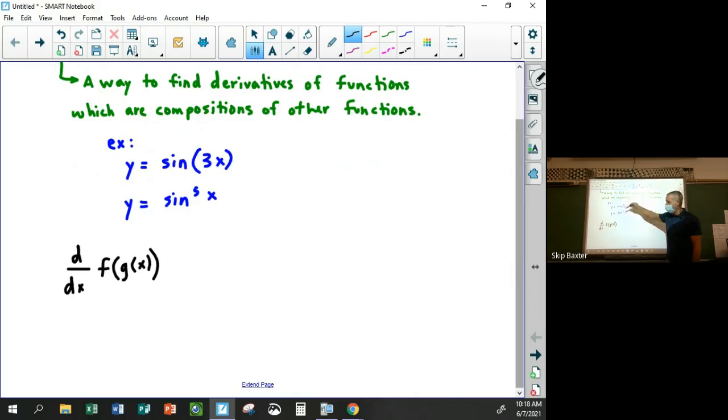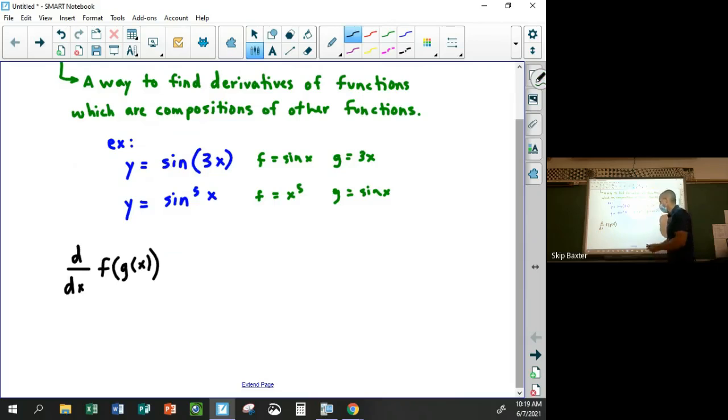If you took f of g of x, you'd get that, right? In this case, f of x is x to the 5th, and g of x is sine x. This is really just f of g of x. Does everybody see that? Okay.